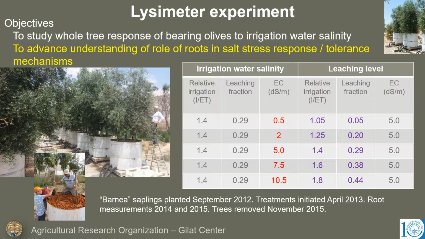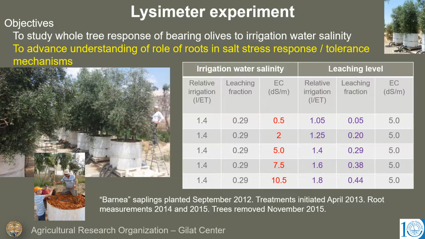responses or tolerance mechanisms. Essentially, we have two experiments going with 9 treatments. The first one is 5 levels of irrigation water salinity, going from very low to very high salinity, with our mid-level being close to what our growers are using in this area, but very high salinity, based on sodium chloride.